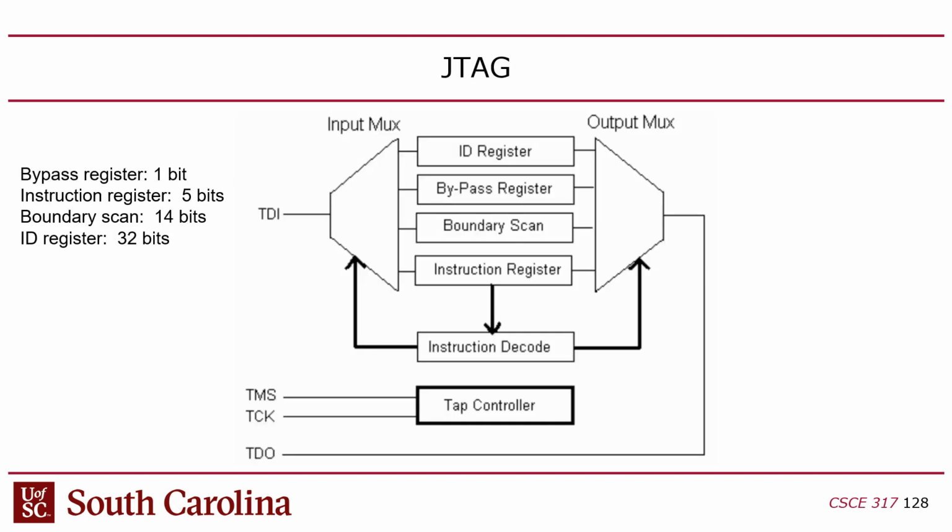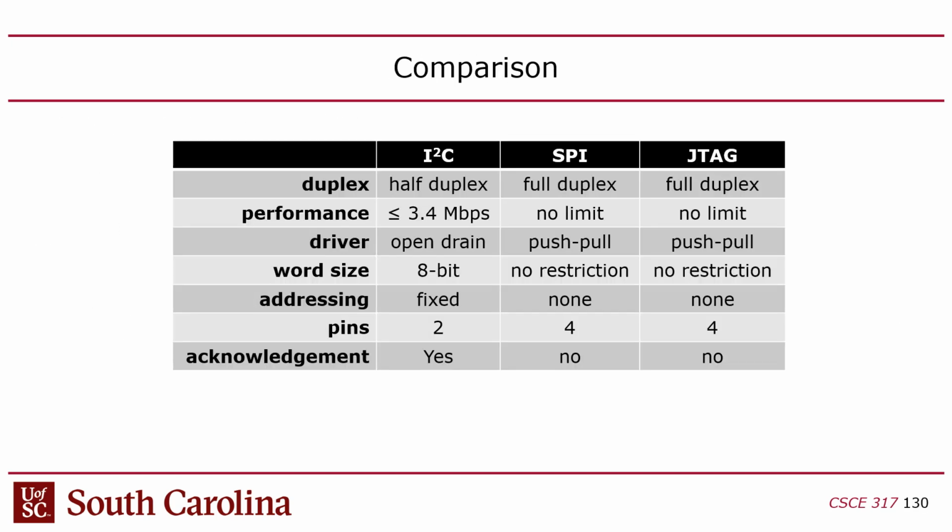the different registers are different sizes. There's a bypass register that's 1 bit, an instruction register that's 5 bits, the boundary scan data register is 14 bits, and there's an ID register that's 32 bits. So the registers are different sizes. But I2C is defined as a fixed 8-bit word, although SPI normally is 8 bits as well. Addressing with I2C is also fixed.